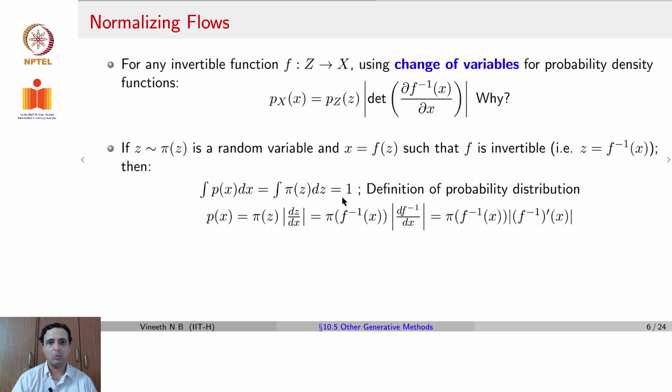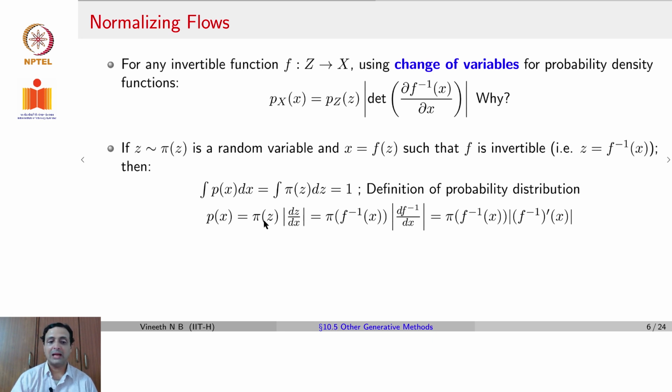Both of them would be 1. So from this equality we can say that p(x) can be given as π(z) times the absolute value of the gradient dz/dx.